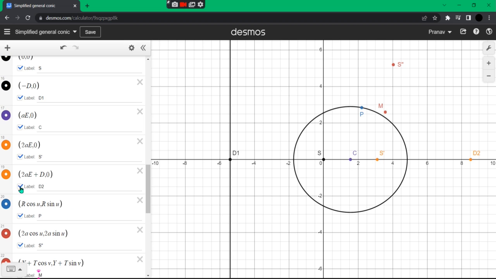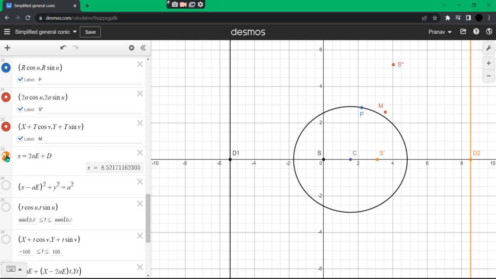And similarly, you have a D2. I'm not showing that directrix. I should really show that. So this is the other directrix. You can see what D2 is now.